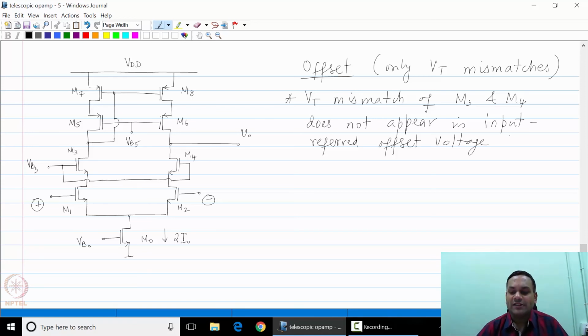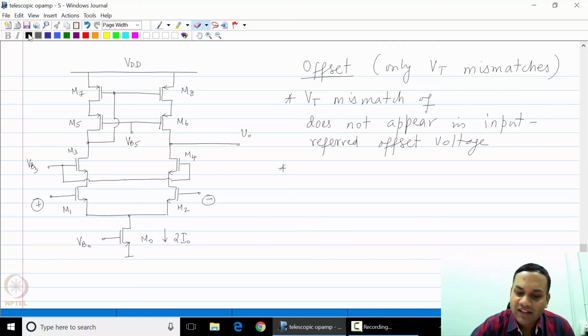Just as their noise did not appear when referred back to the input, the VT mismatch of M3 and M4 is also reduced and does not appear at the input of the overall op-amp. And the same can be said for M5 and M6. So I'll write them in blue.